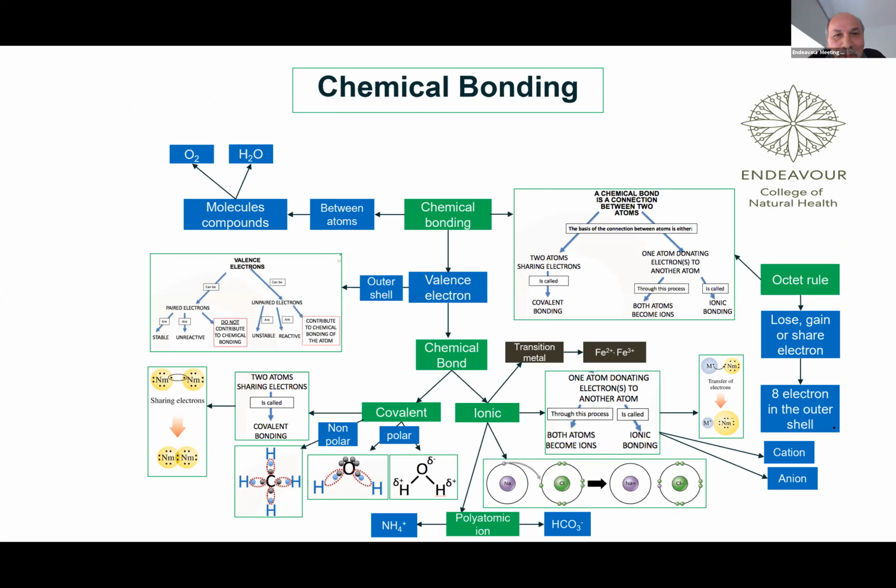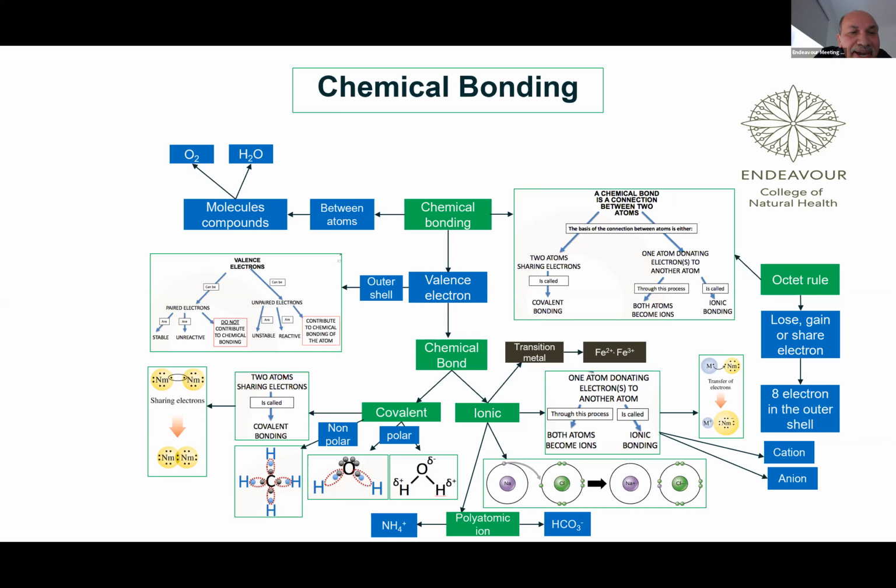So this is what I have put together on chemical bonding. Bonding between atoms leads to the formation of molecules or compounds. Oxygen is a molecule, water is a compound. Valence electrons in the outer shell are the ones which are going to participate in bonding.